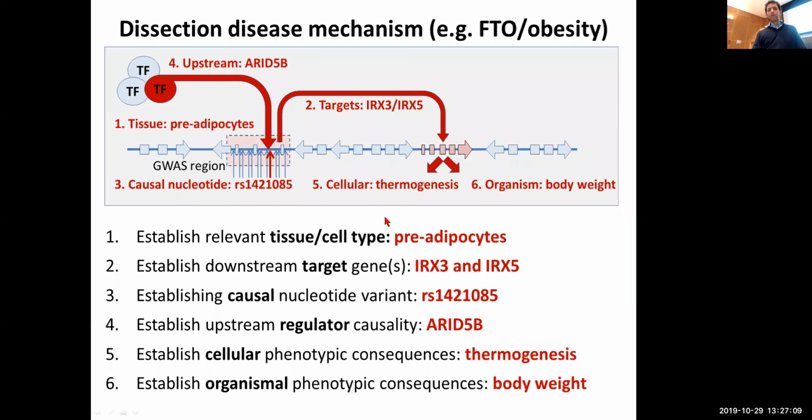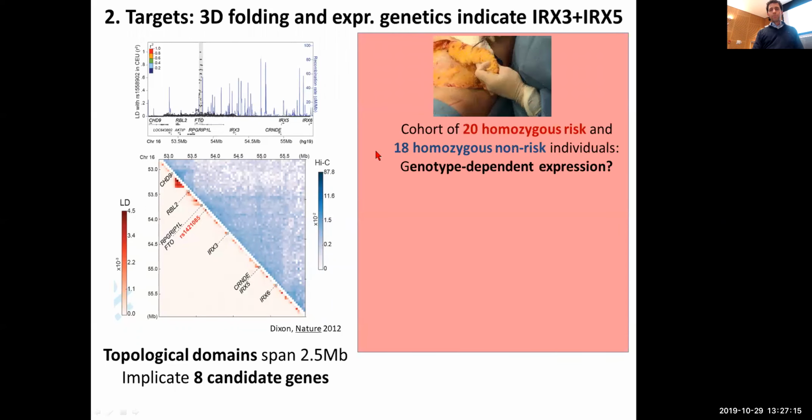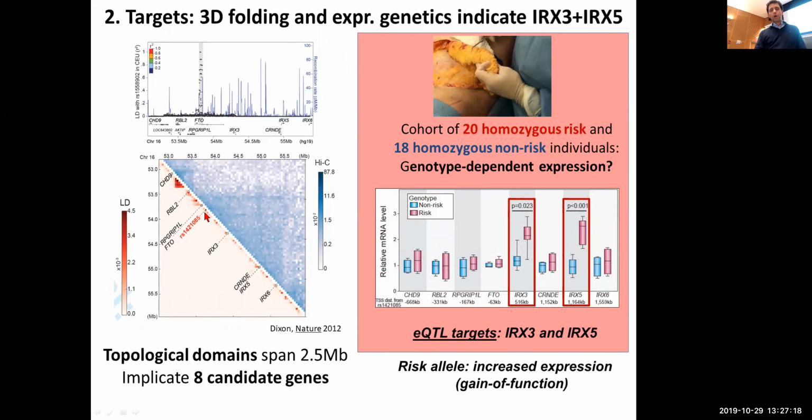And in the case of this FTO story that I mentioned earlier, eQTLs are actually at the core of this story, when we basically found that out of the 6 different genes that sit on one side of this locus and the 2 genes that sit on the other side of this locus, which is folded together in 3 dimensions based on Hi-C evidence, exactly 2 genes change in expression in response to the genotype difference.